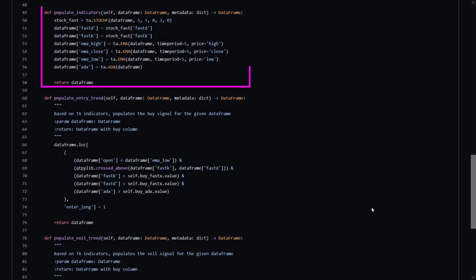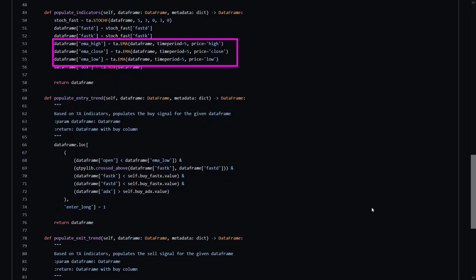Then we come to the block of code where the indicators are defined that will be used. In this case, the strategy has the Stochastics oscillator, EMA and ADX indicators configured. The special thing here is that the author has created an EMA band that consists of a higher, middle and lower band, where the higher band is made of all the candle highs and the lower band is made of all the candle lows.